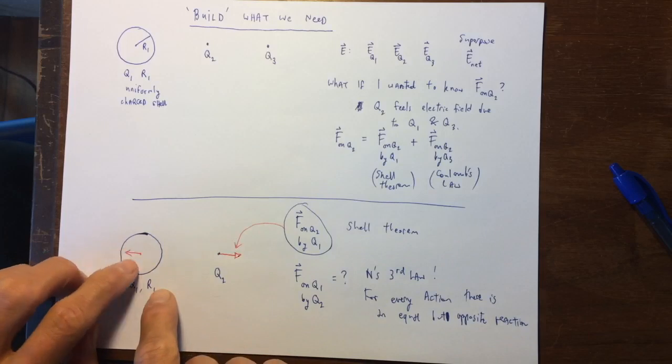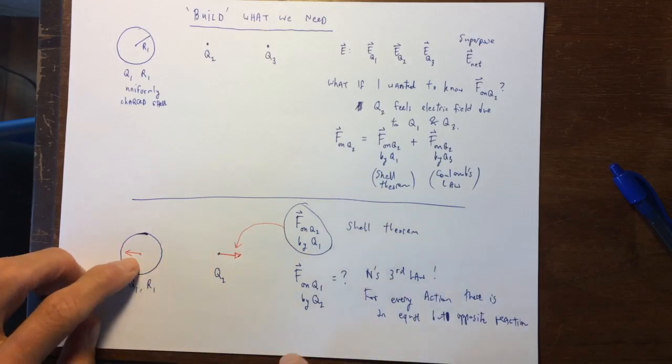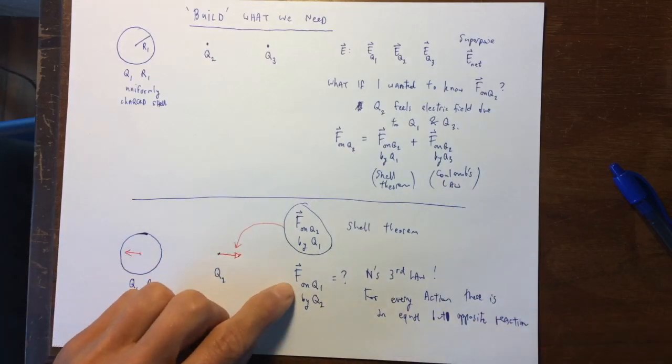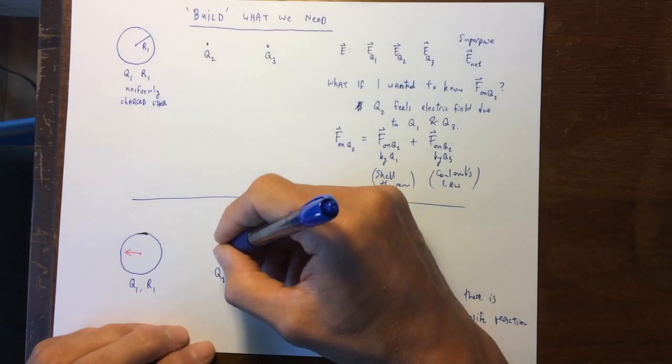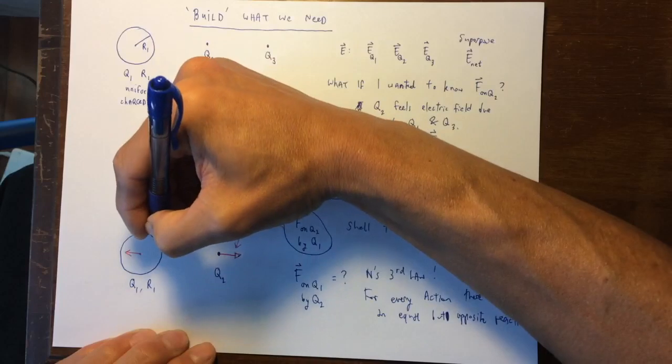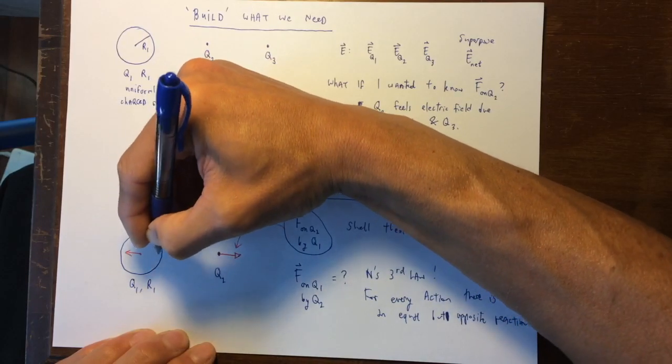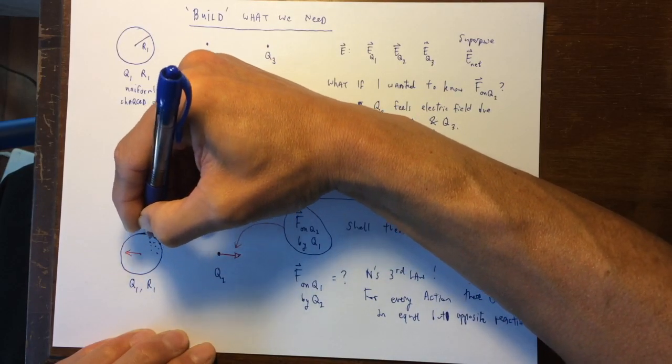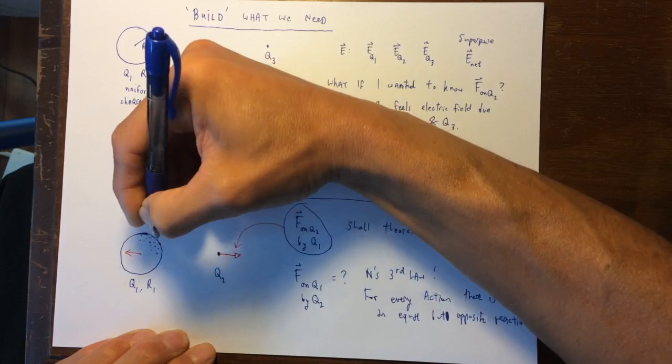If I wanted to add up this net force in a different way, what I have to do is consider the interaction between this point charge and every charge on the surface of the shell.